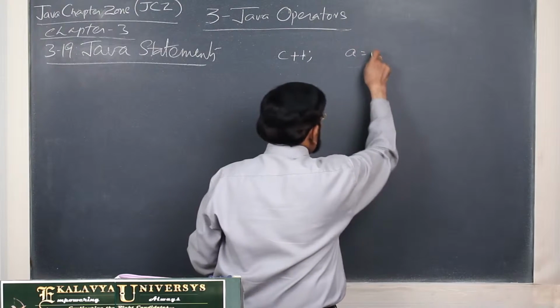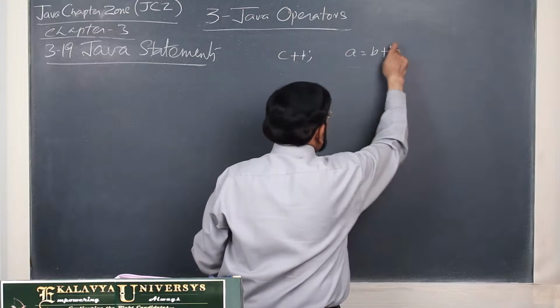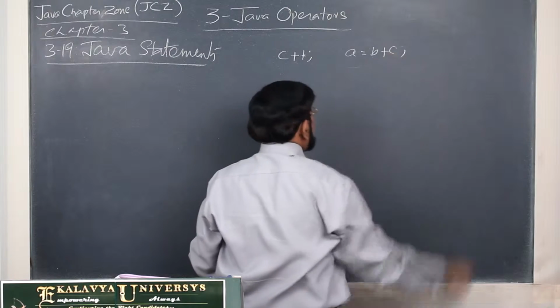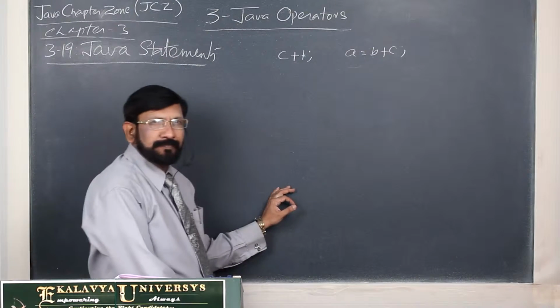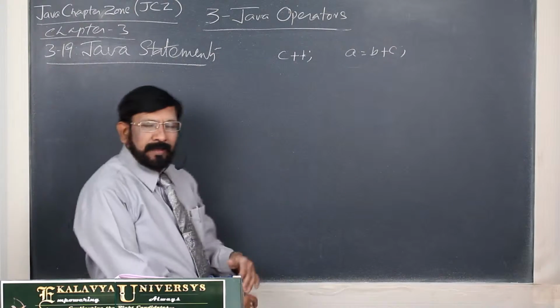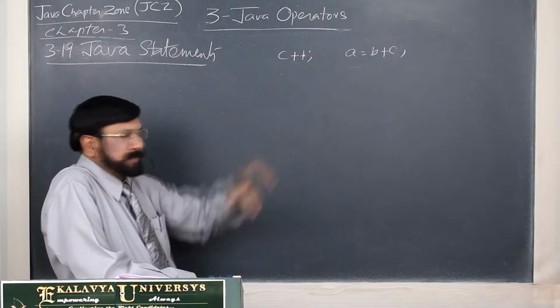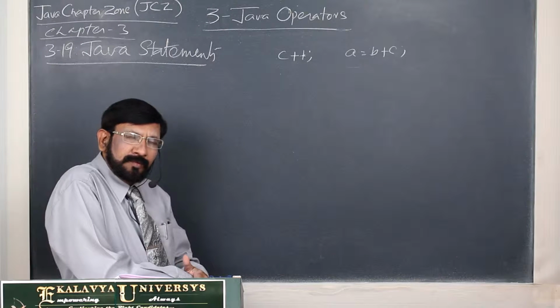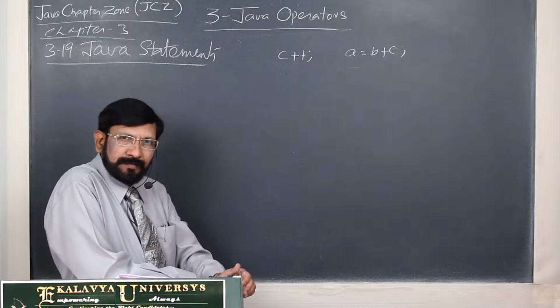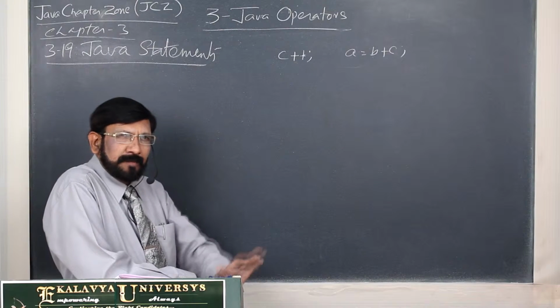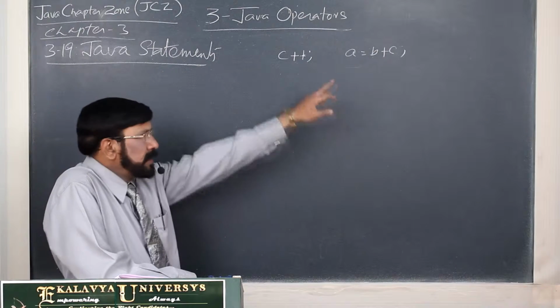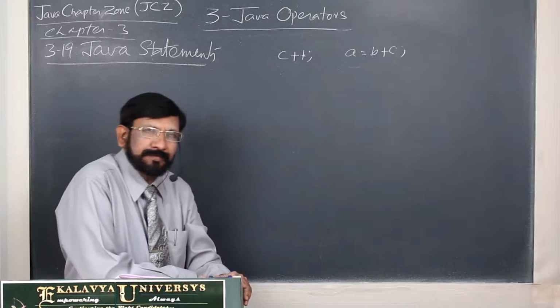A is equal to B plus C, then this is an assignment statement. In this manner, every time we write an expression and terminate with a semicolon, it will be an instruction to the compiler, and the compiler performs a task according to this instruction.